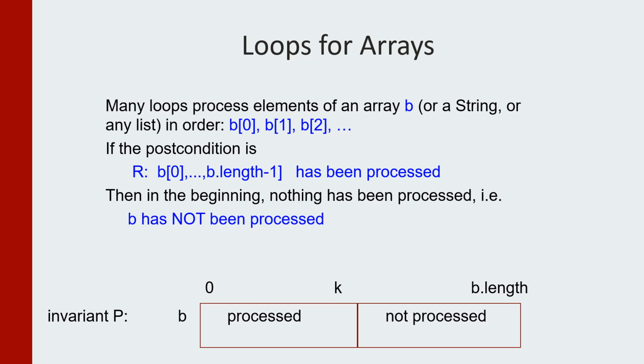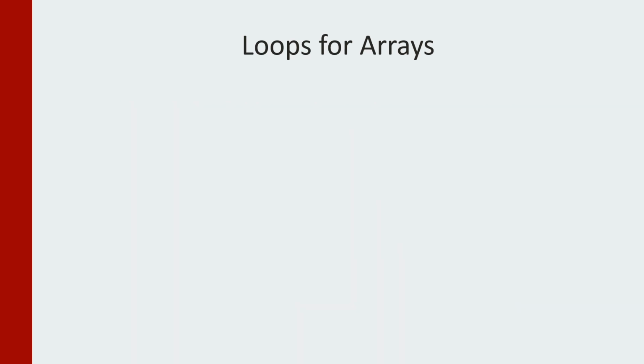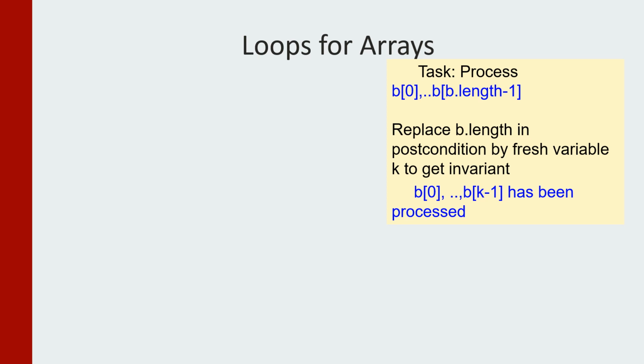There's not really a way to write this in Java, but nothing has happened. And then after k iterations, k elements have been processed. In other words, B of 0 up to B of k minus 1 has been processed. So let's say that your overall task is to process an array from B at 0 to B at B.length minus 1.